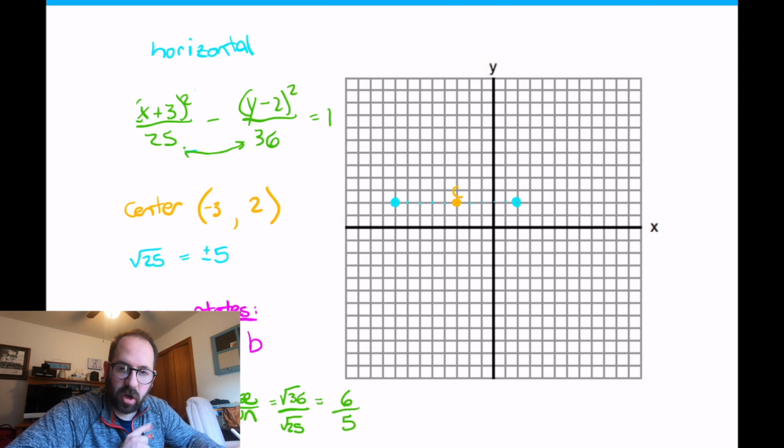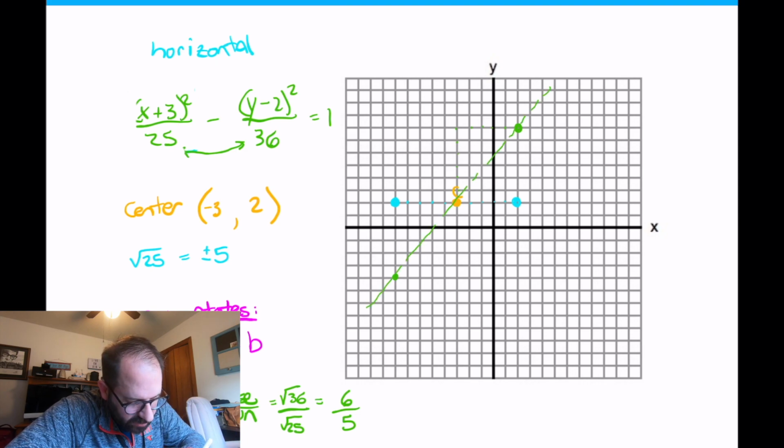So this is how I draw my asymptotes. I'm going to use that as my slope from the center. So I'm going to go up 6, rise 6, 1, 2, 3, 4, 5, 6, and run 5. 1, 2, 3, 4, 5. And then do it again. I can even go back. You know, the same thing. 1, 2, 3, 4, 5, 6, and back 5. And I can see this is where my asymptote is going to go. And then how I get the other one, you just change it to negative.